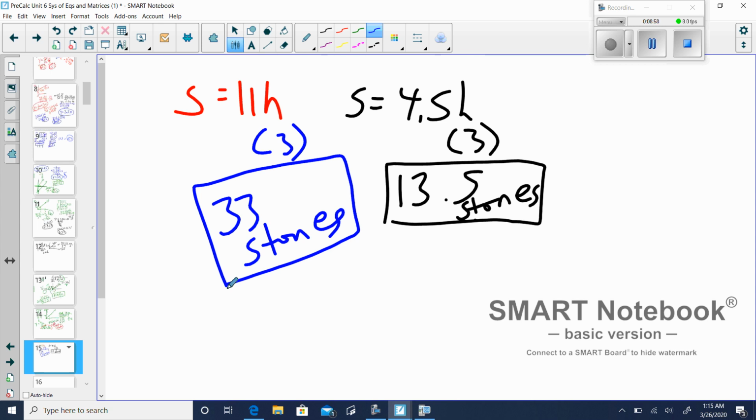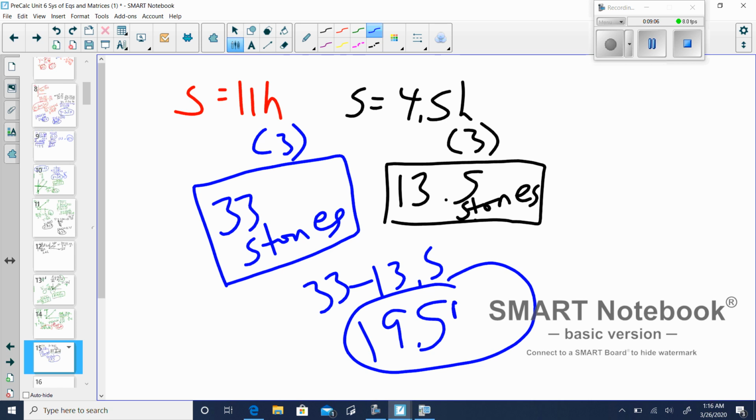So 33 minus 13.5. So 2 people in 3 hours can lay 19.5 more flagstones than one person. 5, 6, 7, and 8.